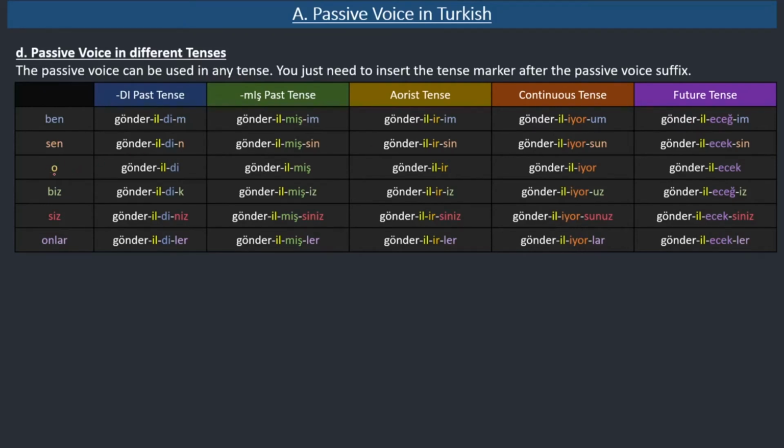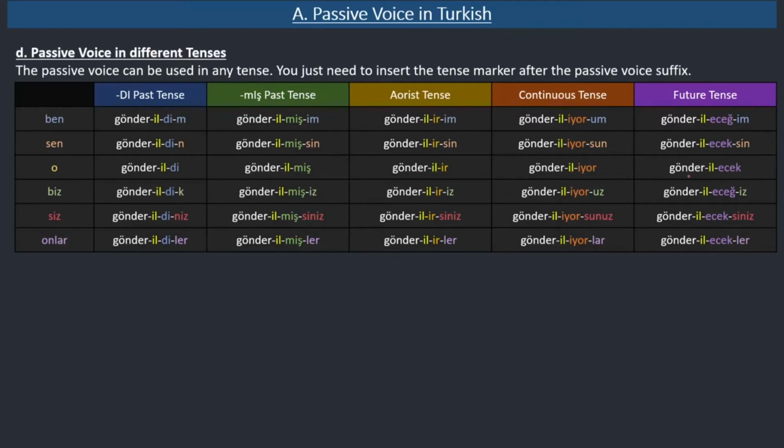Or if I choose o, which is he, she, it, in Turkish we don't have different pronouns. We just say o. So it was sent. O gönderildi. There's no ending for o. O gönderilmiş. It was apparently sent. It is sent.